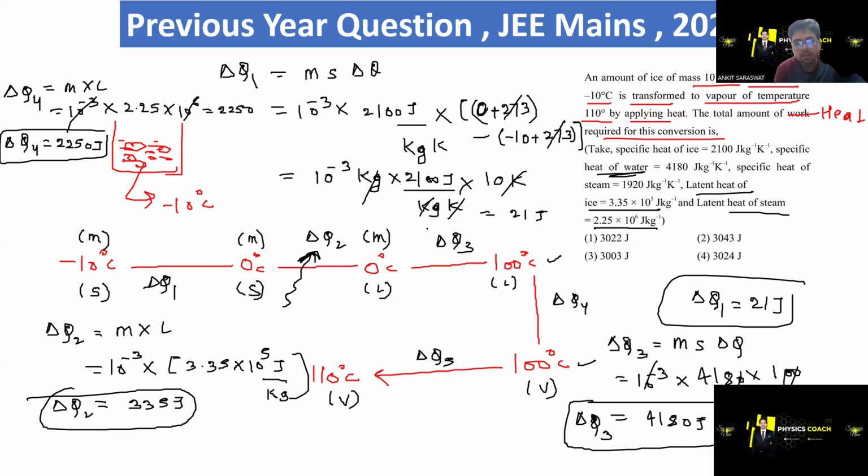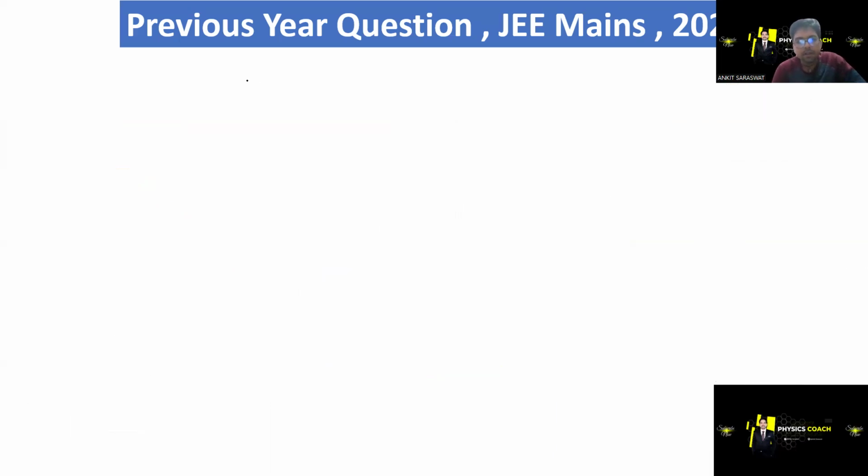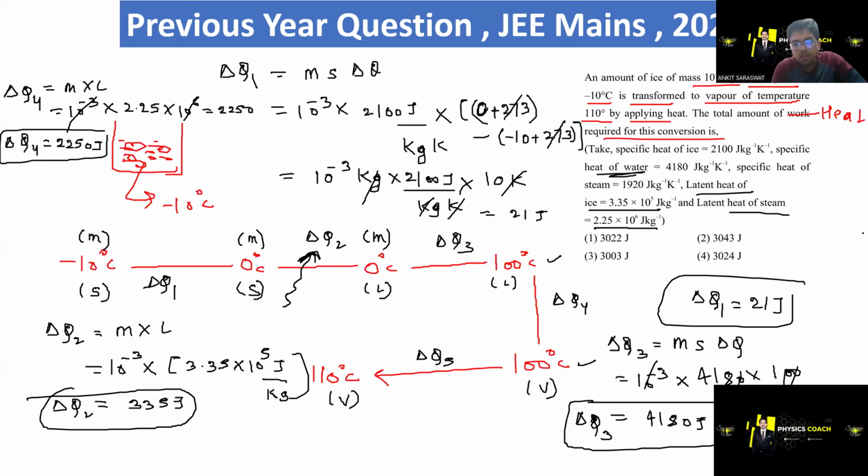So you got delta Q1, delta Q2, delta Q3, delta Q4, now delta Q5. How will you solve delta Q5? Delta Q5 will be m c p or m s delta T. The mass is 10 to the power minus 3 kg. Now specific heat: see here it is vapor, and the vapor temperature is going to change from 100 to 110.